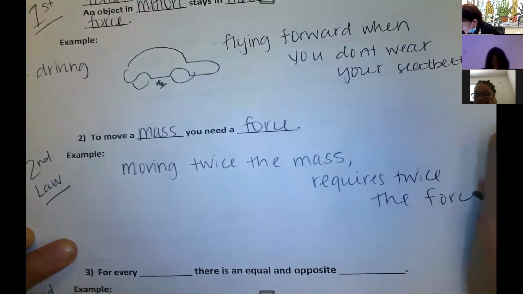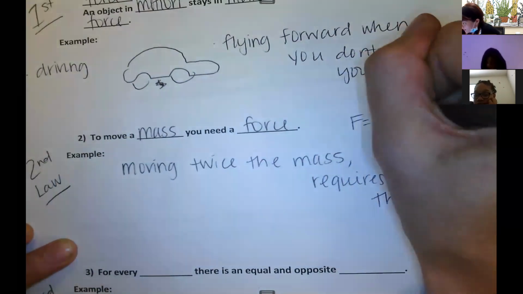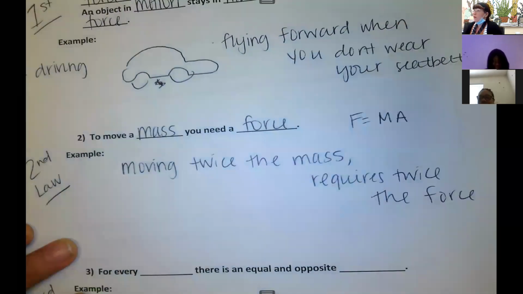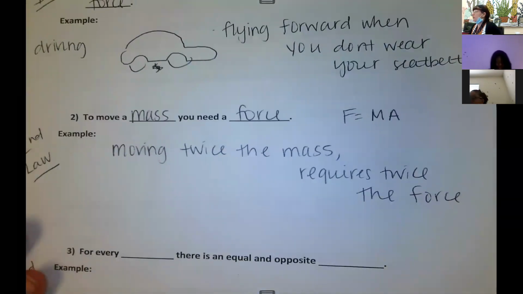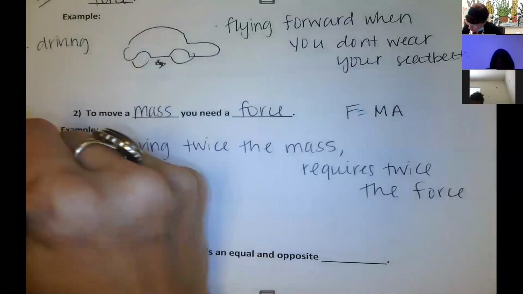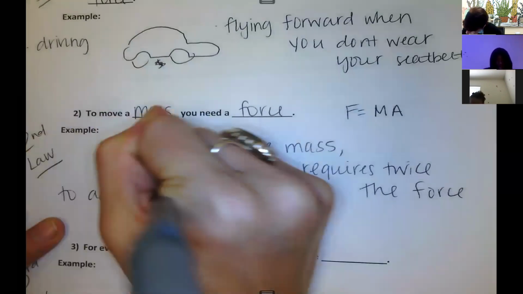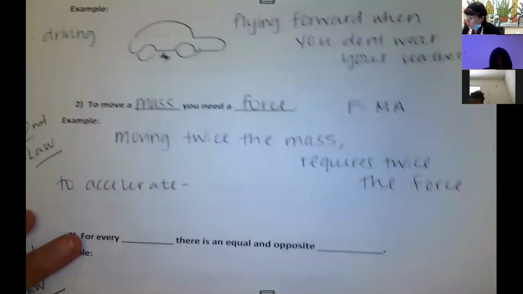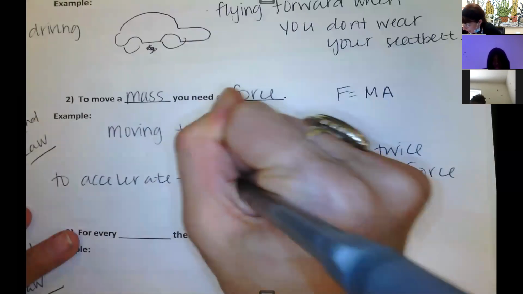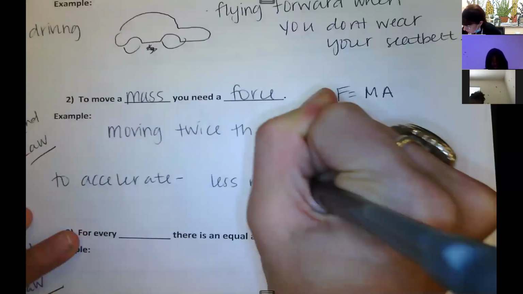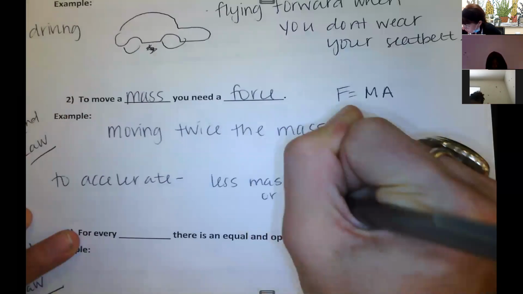If I want something to speed up, what do I need? Well, if I want something to speed up, what do I need to do? I could change two things. What could I do? Yep. If I want something to accelerate, I can either do less mass or more force.